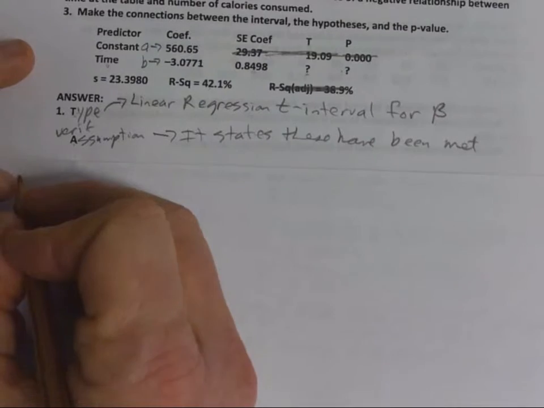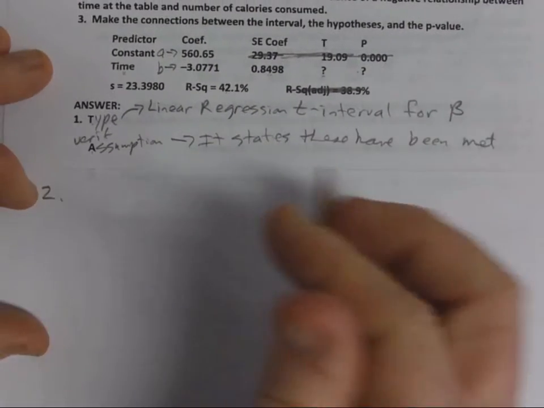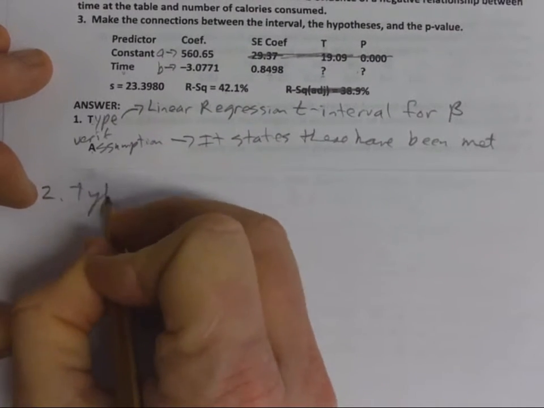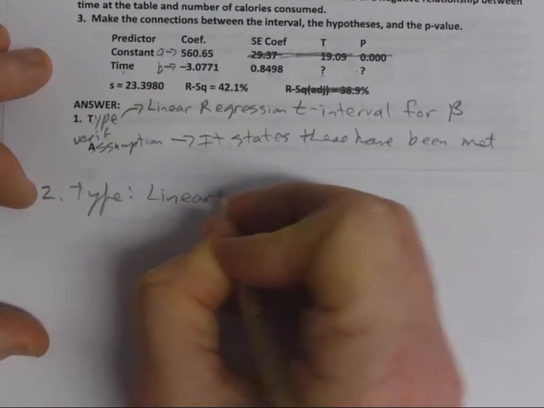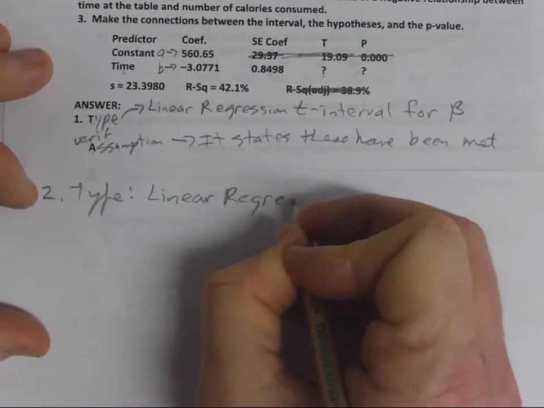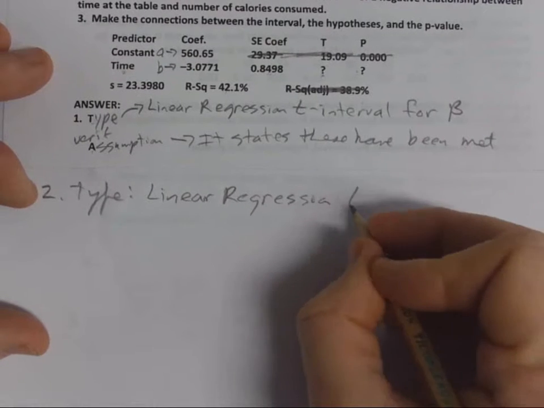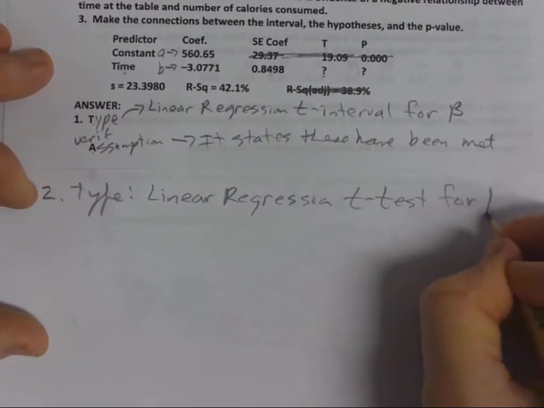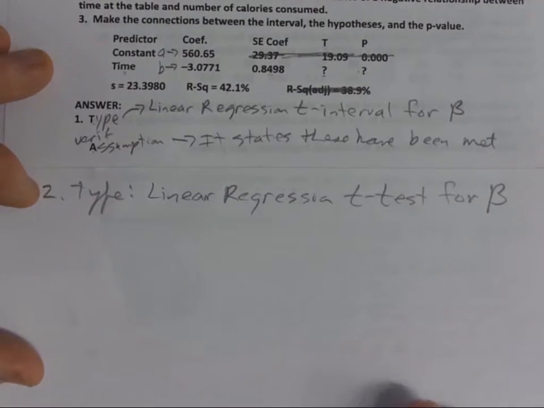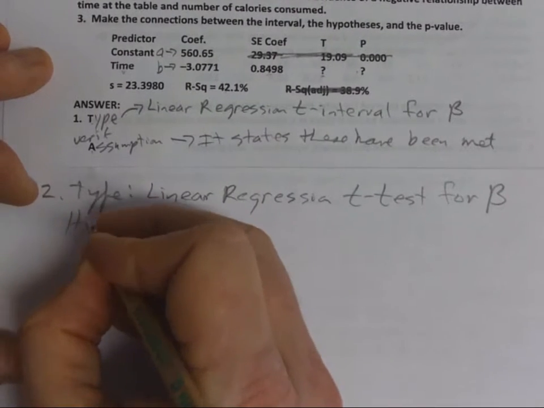So we're doing our test. So in regards to number 2, you would say, okay, the type of inference, this is what is known as a linear regression t-test for beta. Like that, okay? And then, of course, we have our hypotheses.